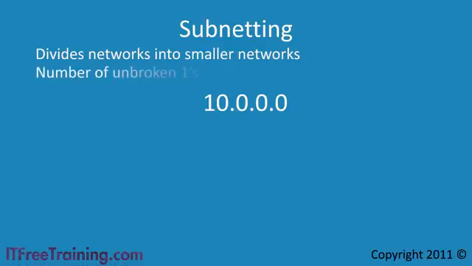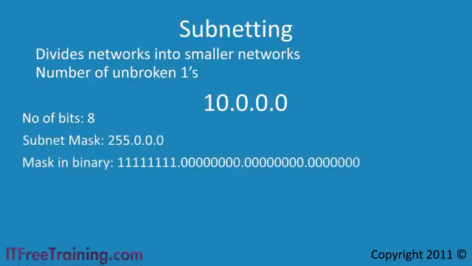number of unbroken ones. Given a subnet mask of 8 bits, means out of the 32 bits of an IPv4 subnet mask, the first 8 are set to 1. This can be shown as /8 after the IP address, or the subnet mask as 4 octets, in this case 255.0.0.0.